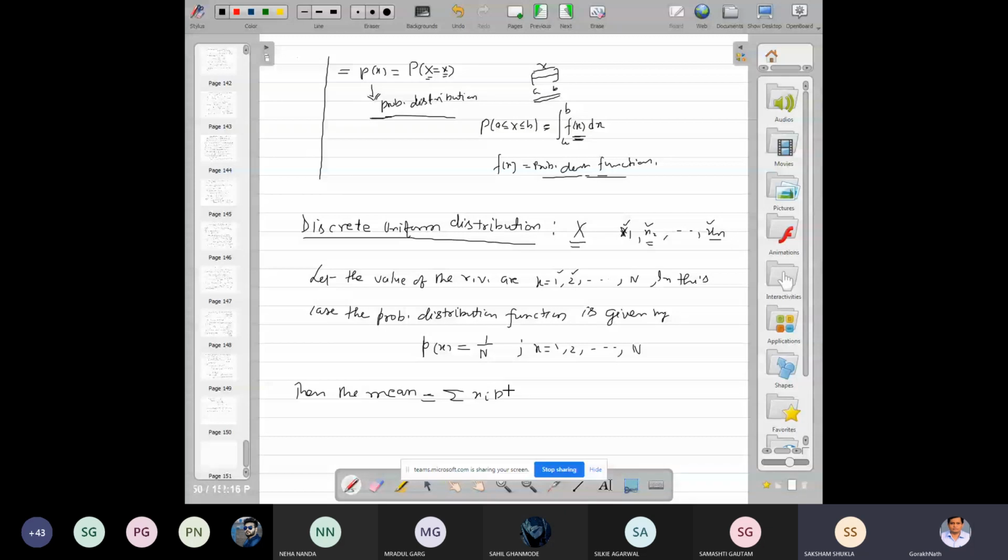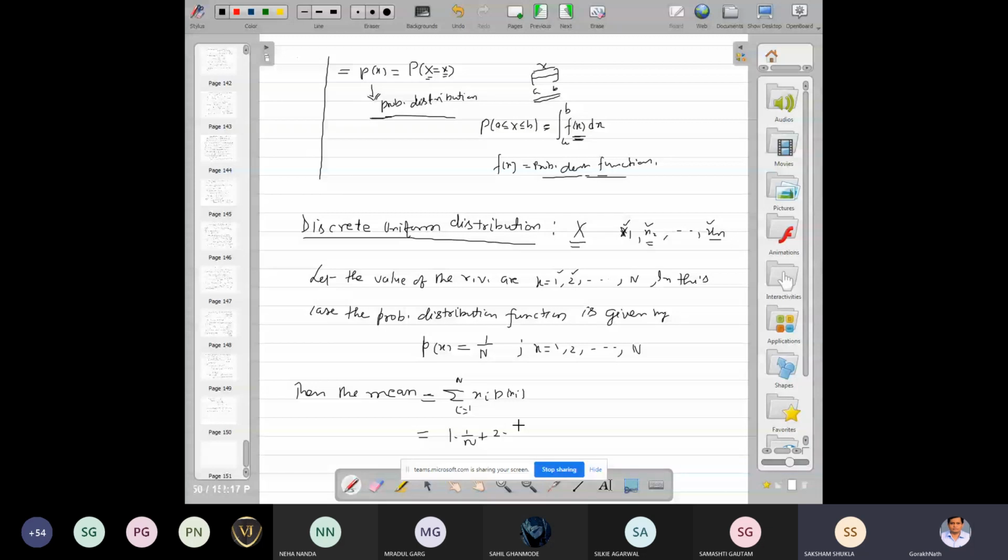So this is equal to the sum for i equal to 1 to capital N. Then how much will this value be? This will be 1 into 1 upon n plus 2 into 1 upon n, and so on, plus n into 1 upon n.